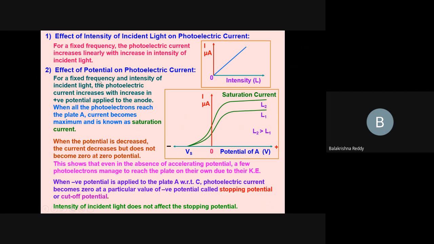Remember, I kept the frequency constant. Though I kept it constant, if you see, the intensity of incident light is independent of the stopping potential. Remember, the wording is most important in this effect. Saturation current means what? Stopping potential or cutoff potential means what? We should be clear about that.